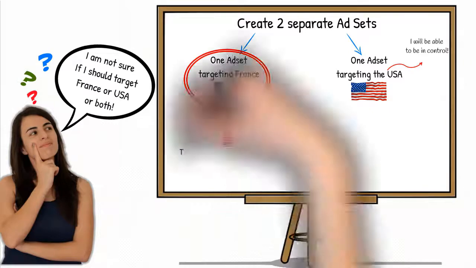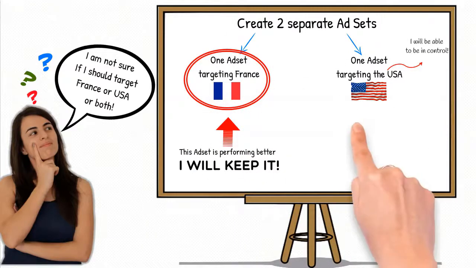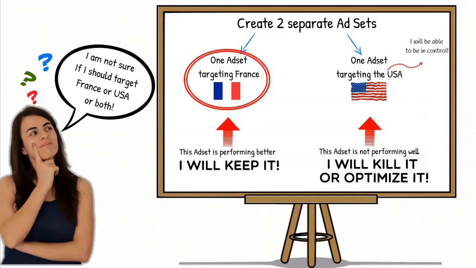When I start running my ads, and if I see that the France ad set is working better, I can keep it running while I shut down the USA one or try to optimize it.